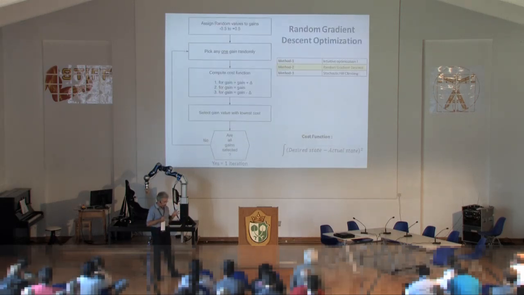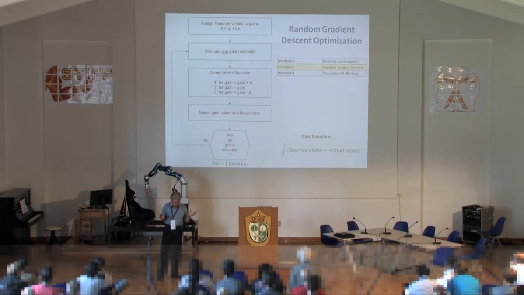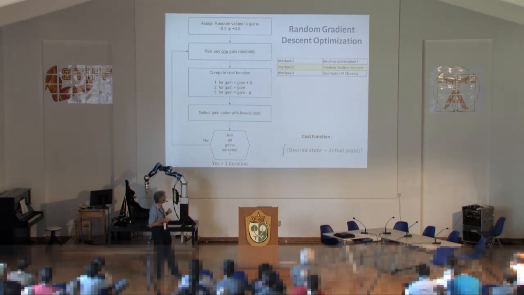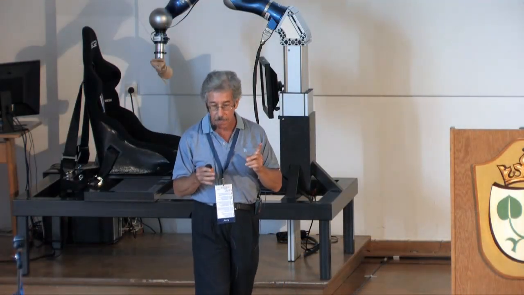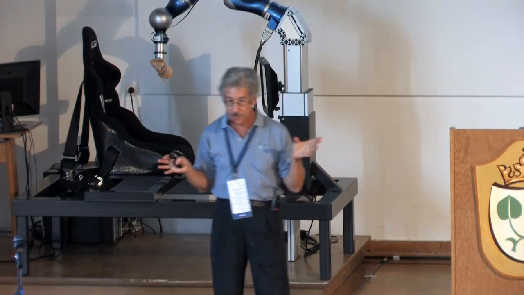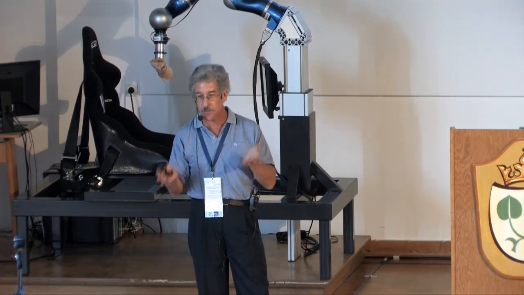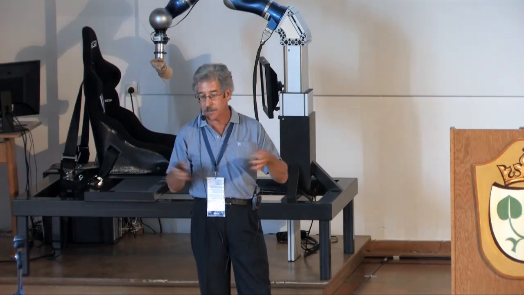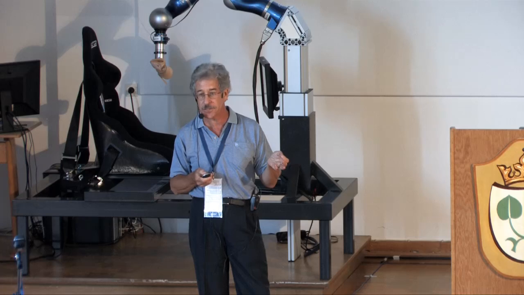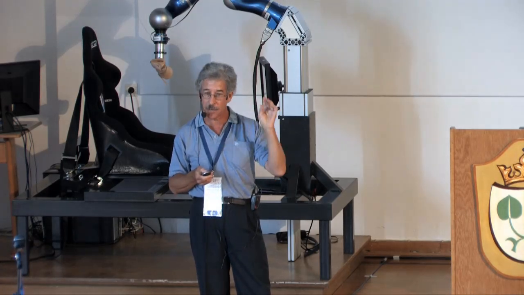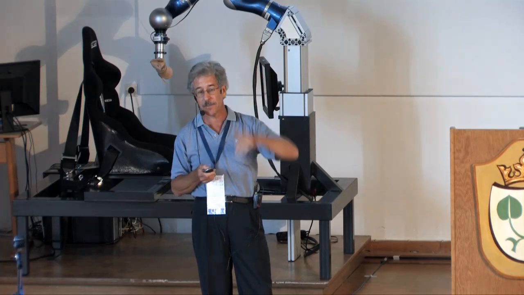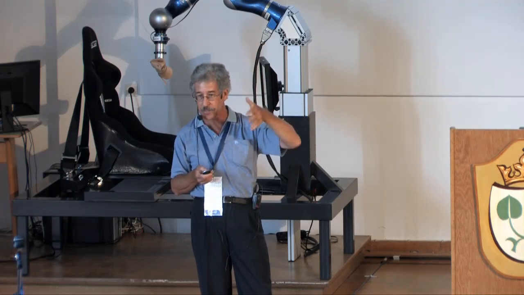And we took an extremely simple learning algorithm, and I may have a chance to talk about a slightly better one. In this case, we just said, let's take each gain. We'll start with all the gains randomized. Performance will be terrible. We'll have some cost function based, say, on the position or force that we're trying to achieve. And we will just take each gain one at a time at random and step it up, step it down, and pick whichever state is better.